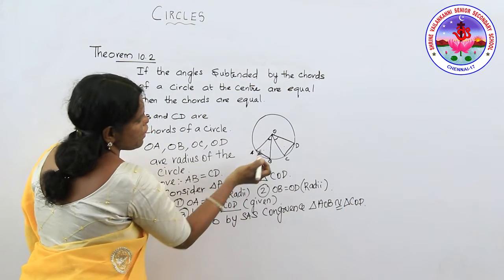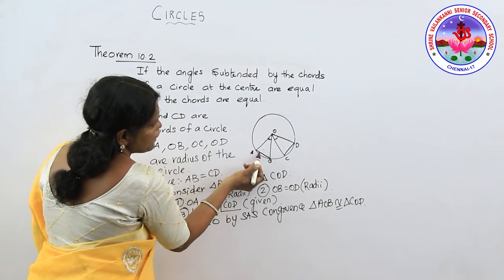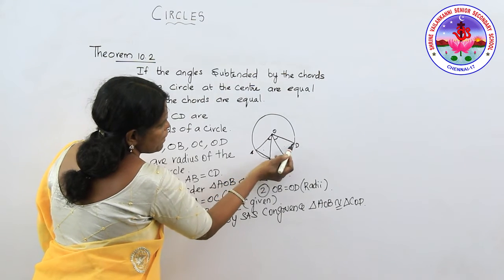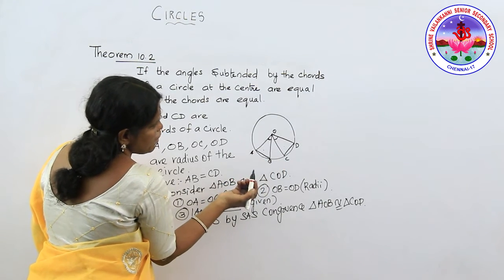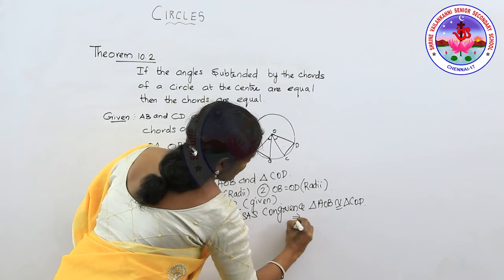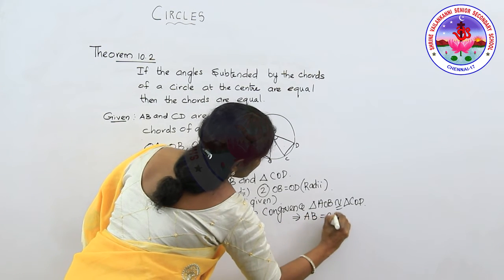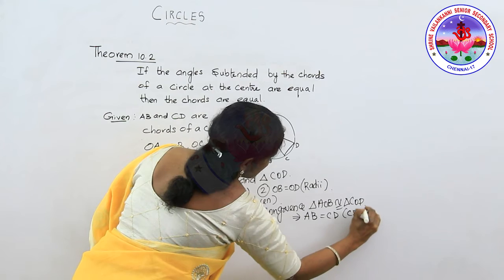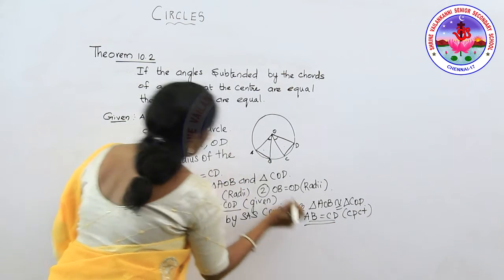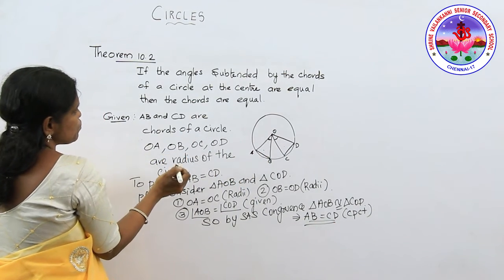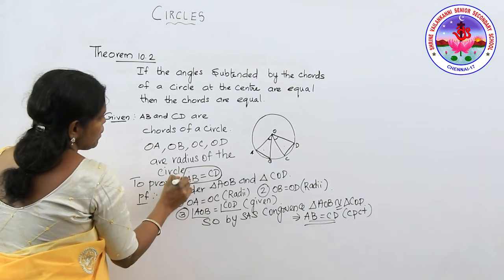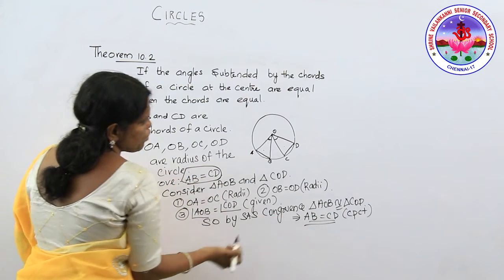Since these two triangles are congruent, automatically the third sides AB and CD are equal to each other by CPCT. So I can write AB is equal to CD by CPCT, which was the case we required to prove here. So I have shown that AB is equal to CD through the congruence.